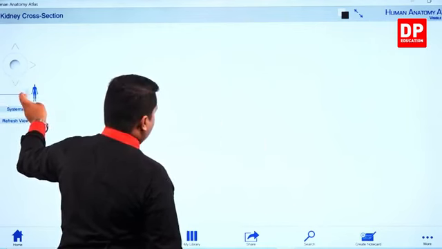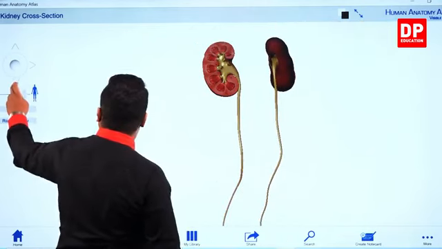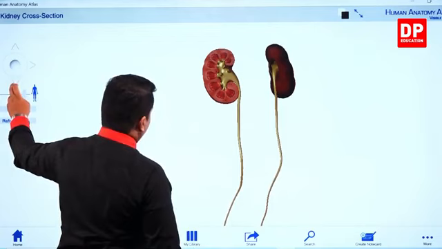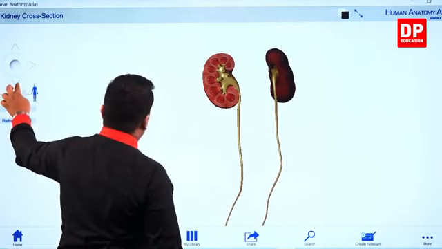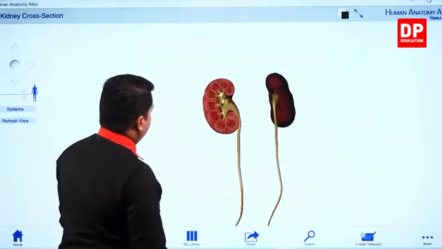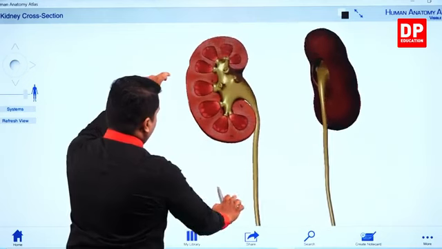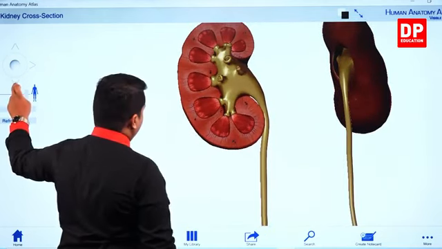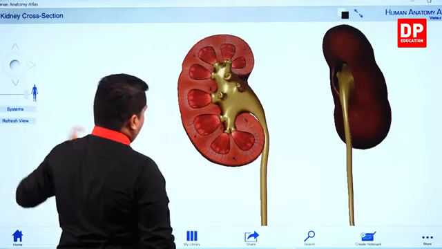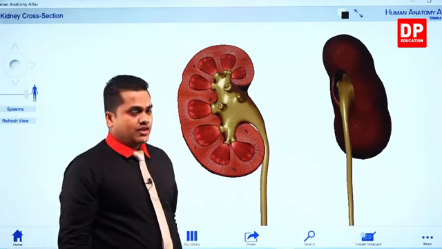Let's enlarge and see the interior part, so that you can get a better look. So this is the interior structure of the kidney once again.